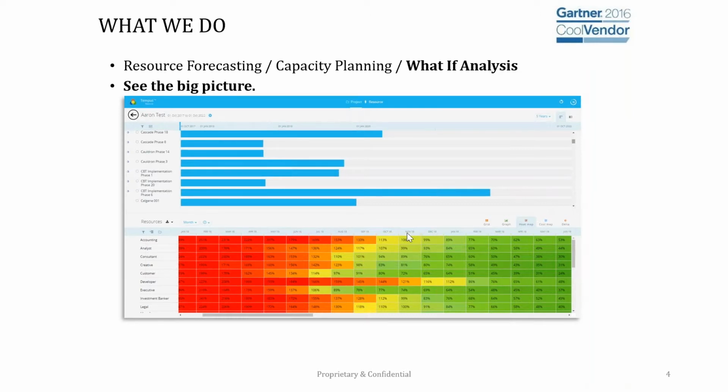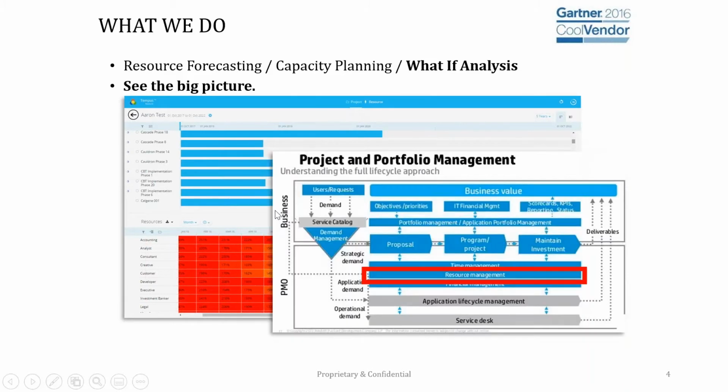Some of you on this call are in the engineering space, so you're delivering products. And then there are others on this call that are in IT that are delivering IT projects. But the whole idea is we need to be able to get the big picture. So when we're looking at all these projects that we've got going on, and the resources that we've got, we need to be able to know, hey, where do we have the capacity to do this work?